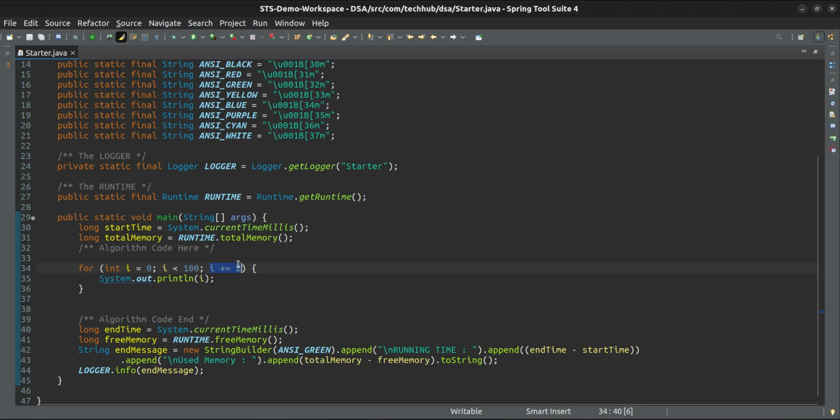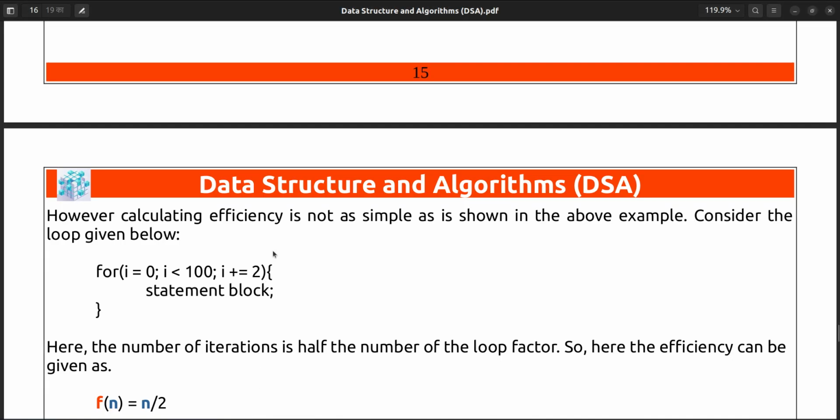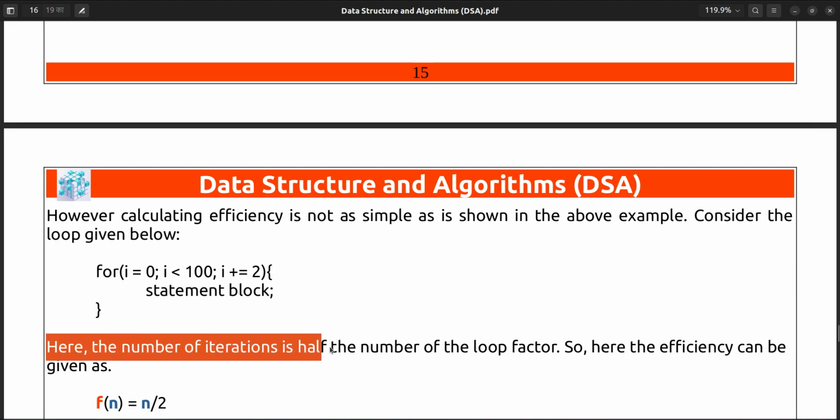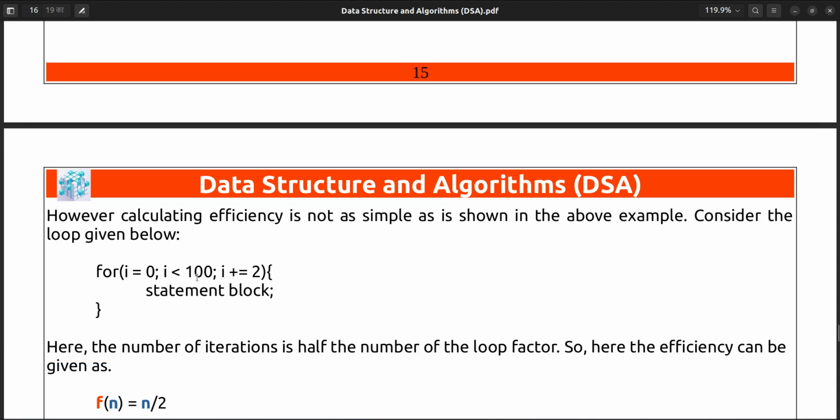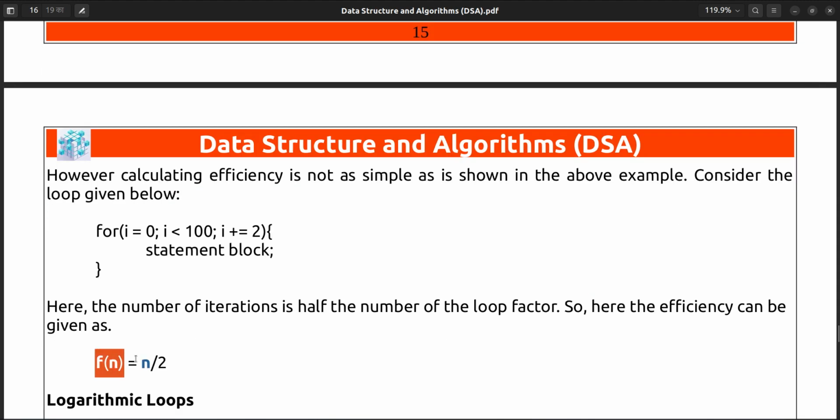So in this case, what will be the efficiency of this algorithm? Here the number of iterations is half the loop factor. What is the loop factor? Loop factor is 100, but the increment is happening by plus 2. It means the efficiency can be given as f(n) = n divided by 2.